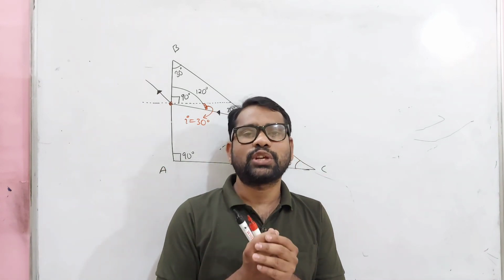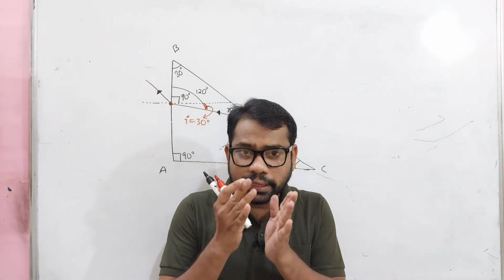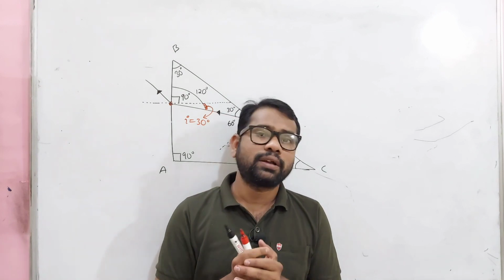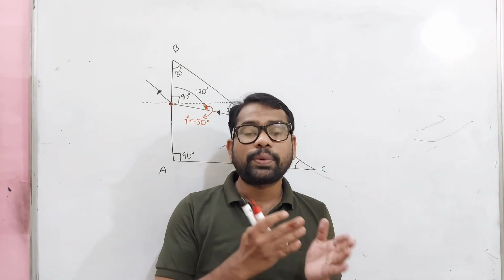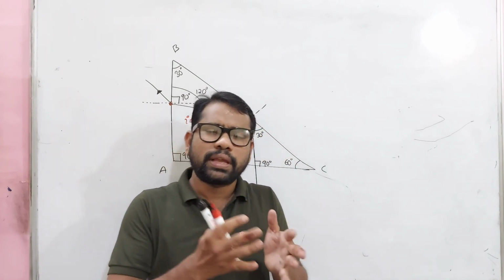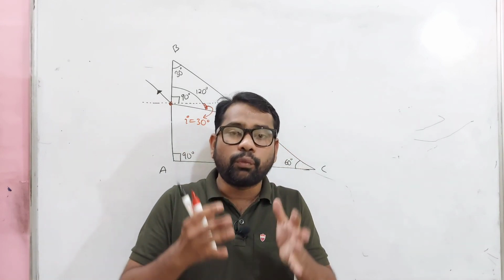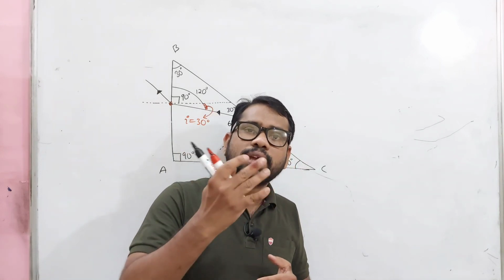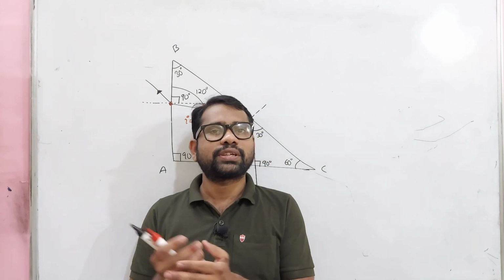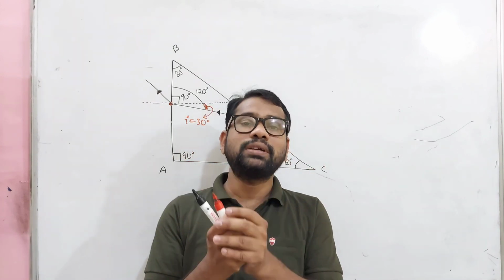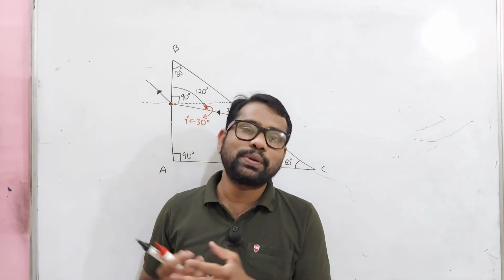Not only that, dear children. Based on total internal reflection, mirrors can work, and even optical fiber cables. So what is the principle in an optical fiber cable? Total internal reflection. Even let us take the diamond. Why is diamond so special?